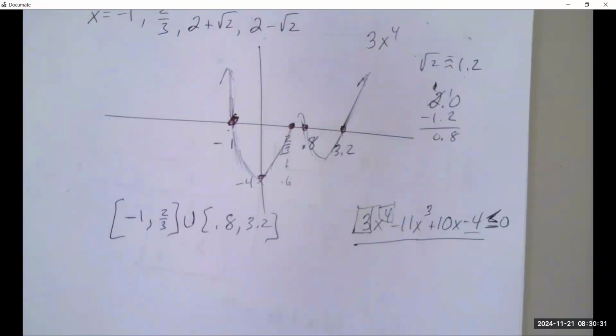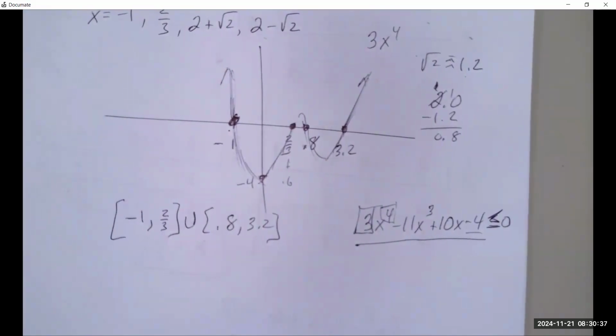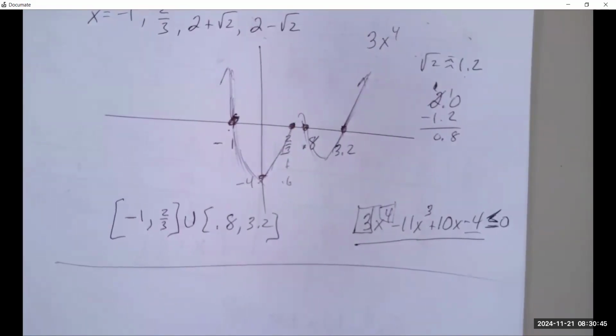There's my domain. Now for rationals. Any questions about those? Because now we have to start putting everything that we've learned into solving these equations.